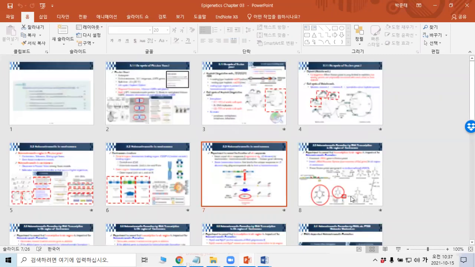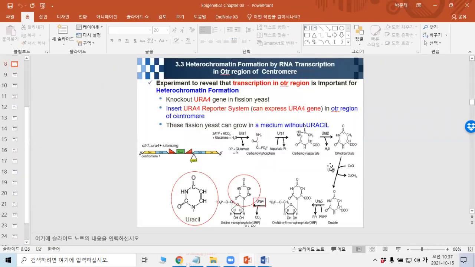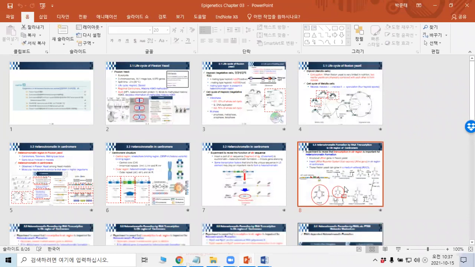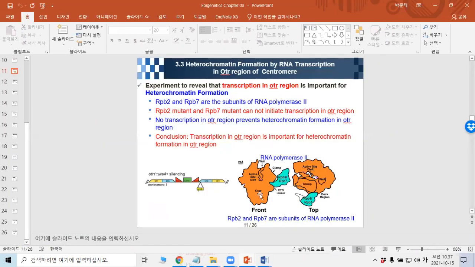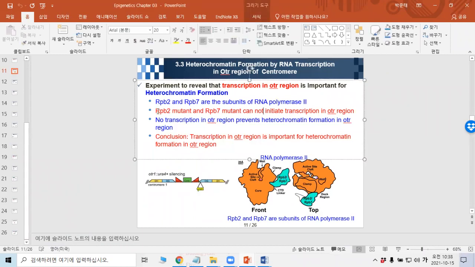We also covered detailed information of the experiment to reveal that transcription in the OTR region is important for heterochromatin formation. Finally we find that the IBP2 mutant and IBP7 mutant cannot initiate the transcription in the OTR region.